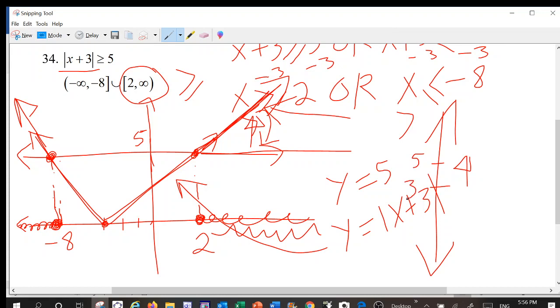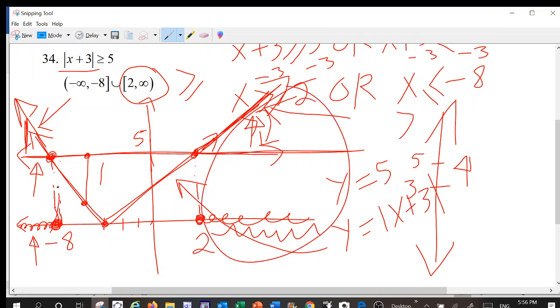So the same is true over here. For these x values, you see that the y values for this function are greater than that one. But if you come over here, you see this actually is above the V-shaped graph. So wherever the V-shaped graph is above the horizontal line is the solution, and that would be over here and of course over here.